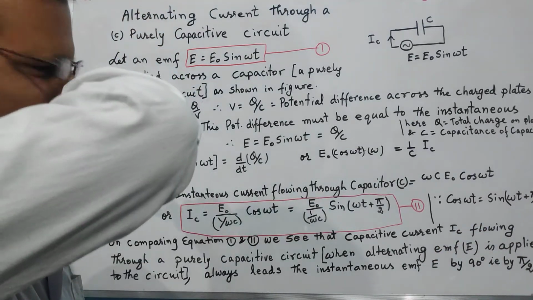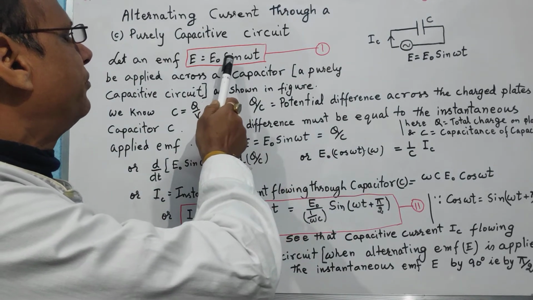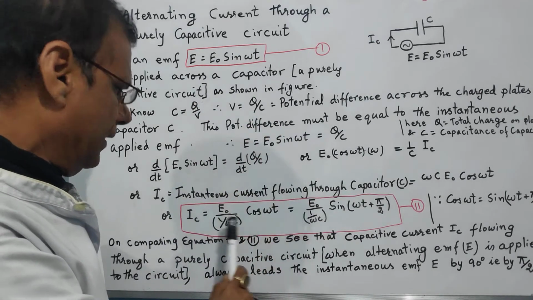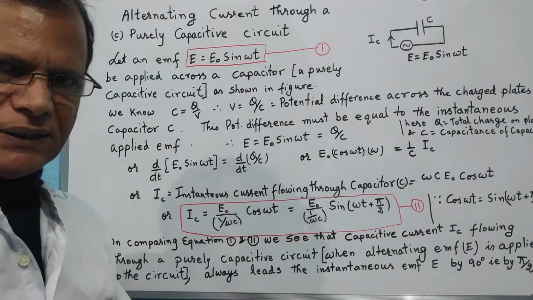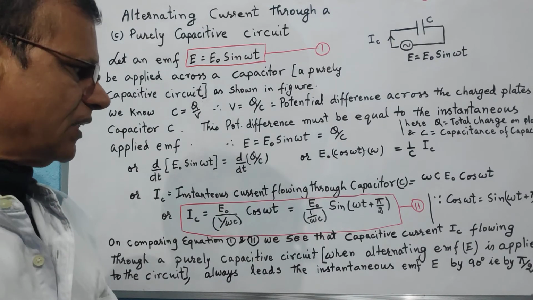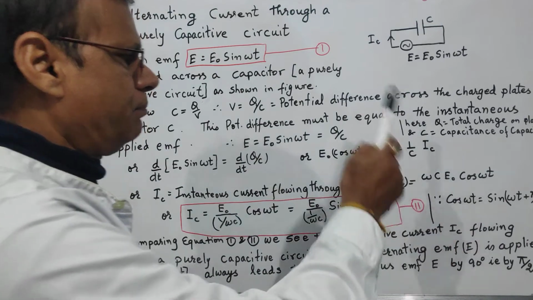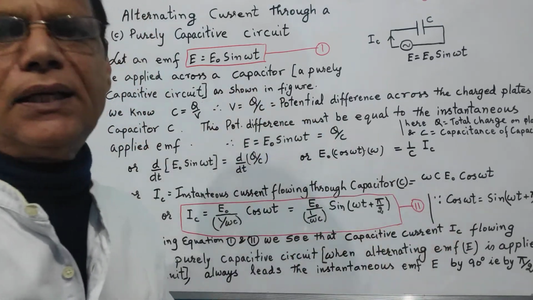Why are we doing this? We want to compare the instantaneous phase of applied EMF with the instantaneous phase of the current flowing through the purely capacitive circuit. This comparison will be valid only when both are in the same function. We are using the sine function here, so here also we are bringing the sine function.